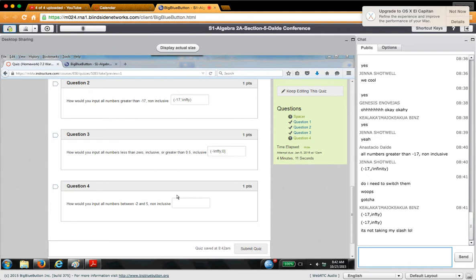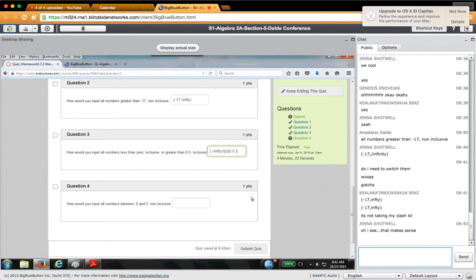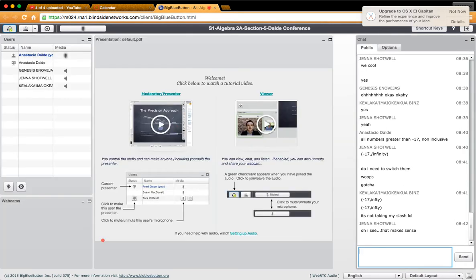Or, instead of typing in the word or, I should put in a capital U, because that means union, bracket, 0.5, comma, INFTY. So I have negative infinity to 0, union 0.5 to infinity.